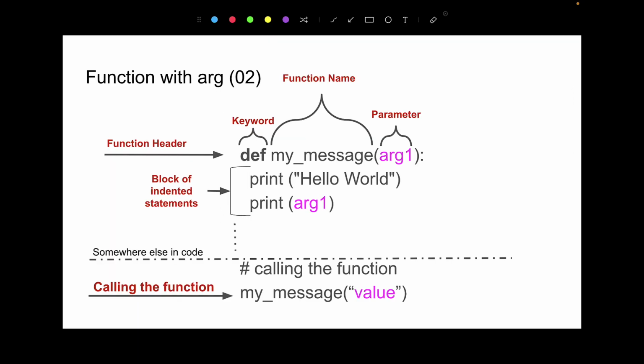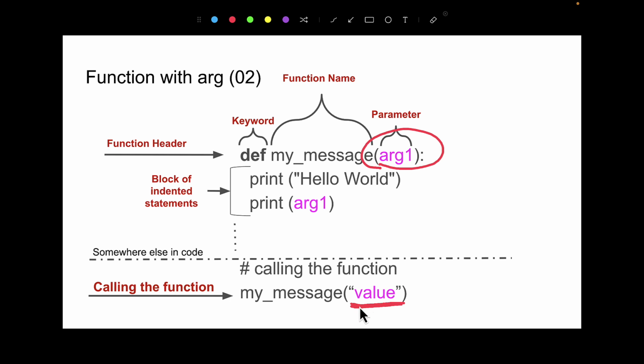Next example, we're going to take a look at actually passing an argument into the function. Its setup is pretty much the same, and the only difference is that now we're passing in an argument. In this particular case, I'm calling a function, and then I have some kind of argument component that I'm passing.